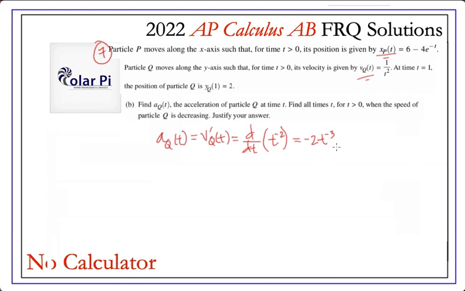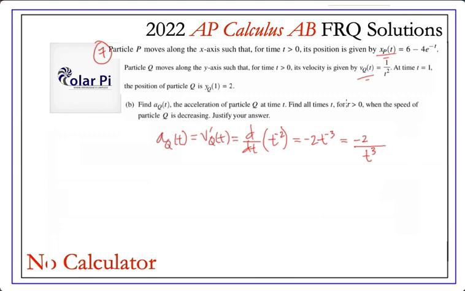Okay, all right. So now there we are. If we find the acceleration, we should write this as negative 2 over t cubed, right? So where does the difficulty come in? Well, we need to know if the speed of particle q is increasing or not.